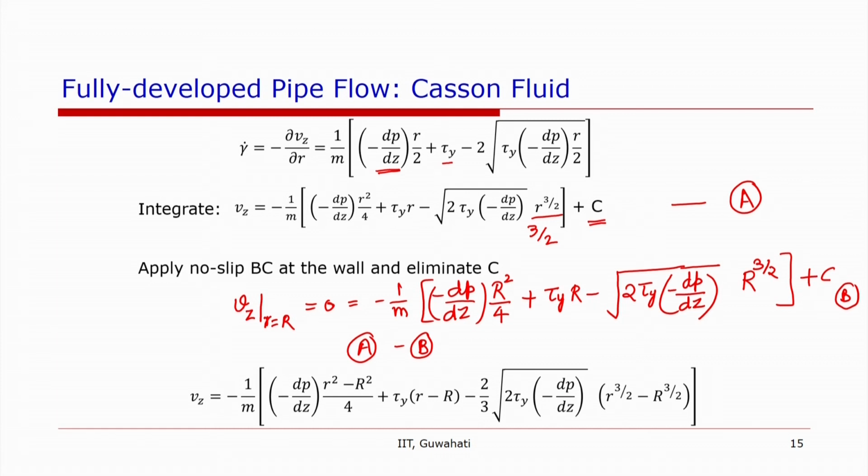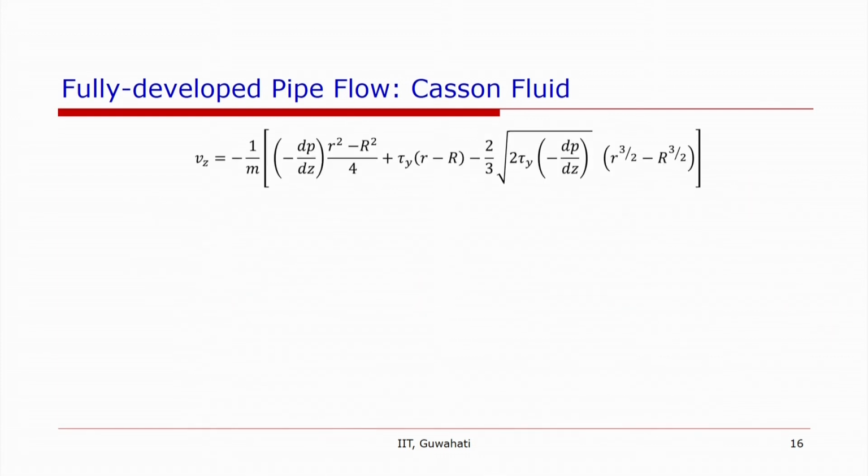Now if we look at this further, so Vz is equal to the same equation, and now we can substitute this in terms of RC. Tau y is minus dp by dz RC by 2.